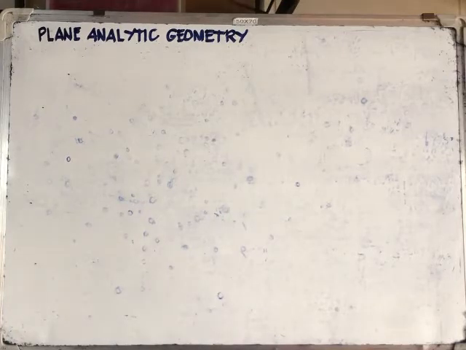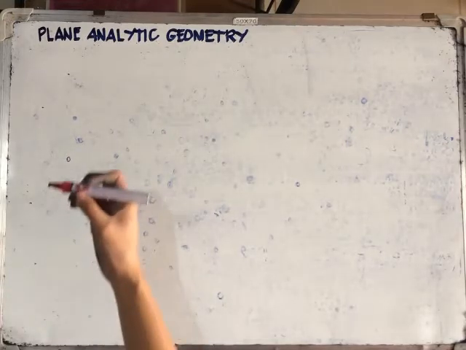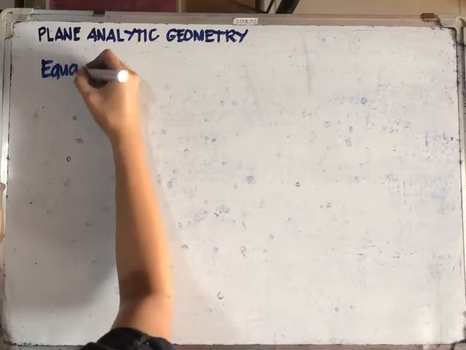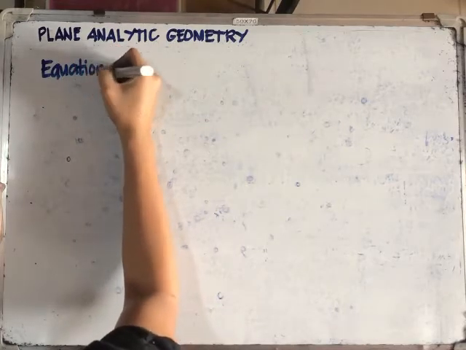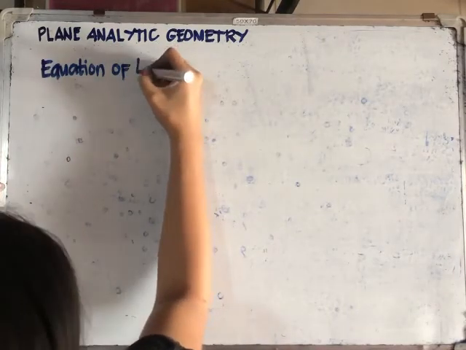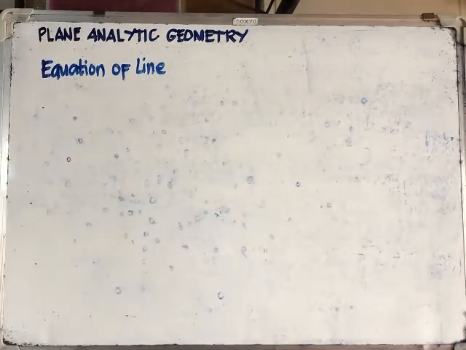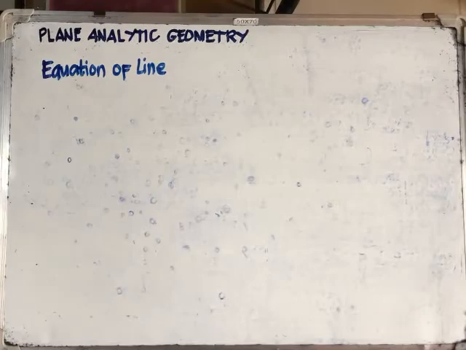Okay, for the next set of problems, we will be talking about equations of the line. Equation of the line, the very essential and basic topic about plane analytic geometry.